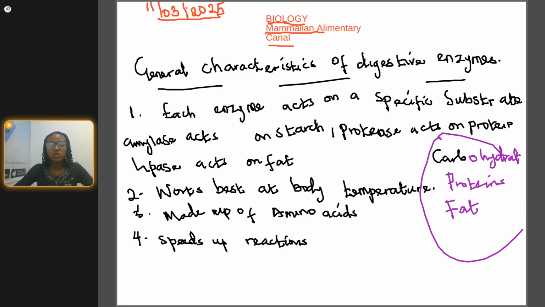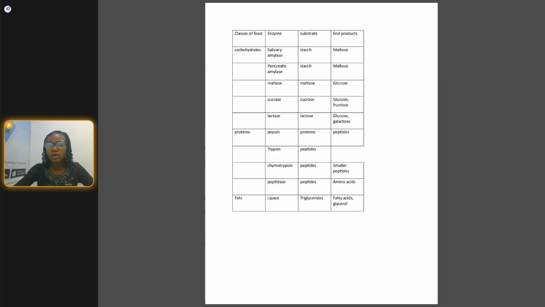I'm going to be showing you the chart now so that you can see. Okay, so here it is on the board. You have the carbohydrates, as you can see here.